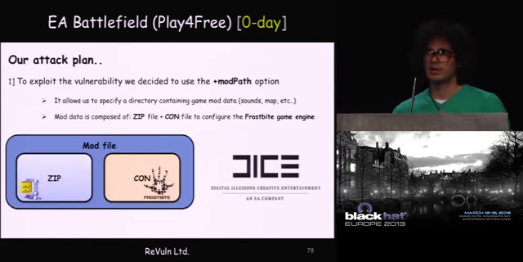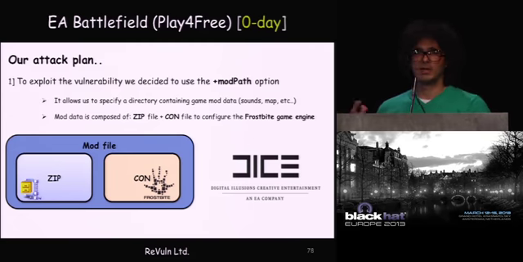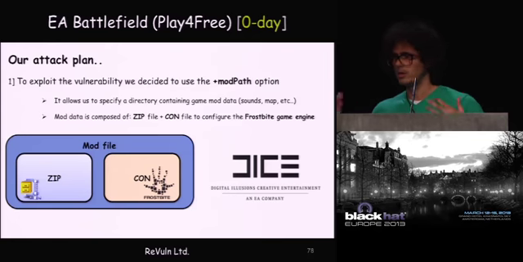There is a particularly interesting option in the game, and it is mod path 1. This option allows specifying a folder where game files that can be used by the game are installed. And we have zip files and some files called con that are scripts containing commands that are executed by the game engine.